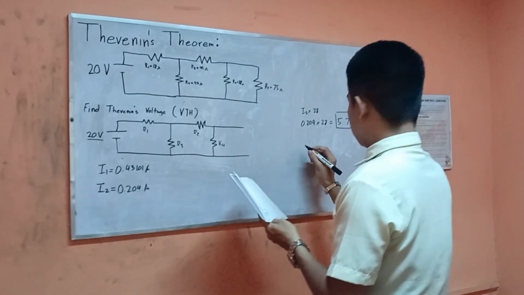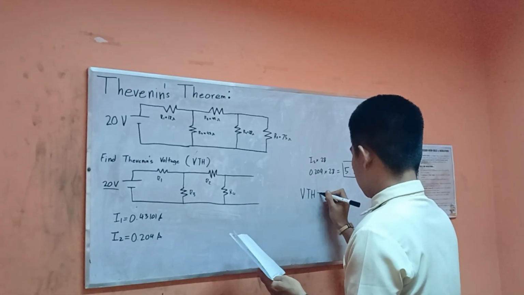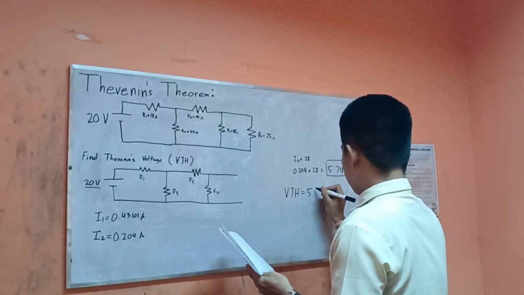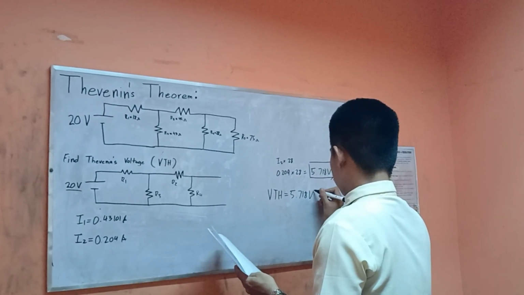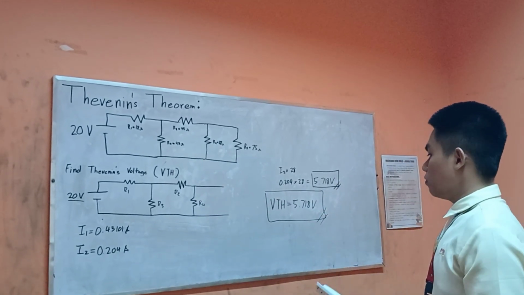So therefore, VTH is equal to 5.718 volts. This is our Thevenin's voltage.